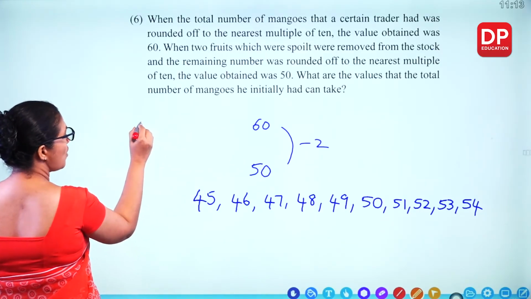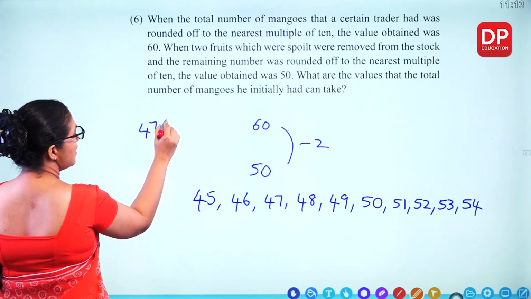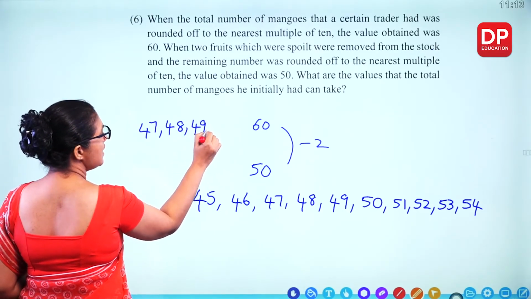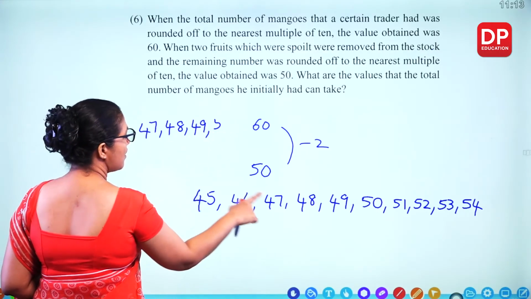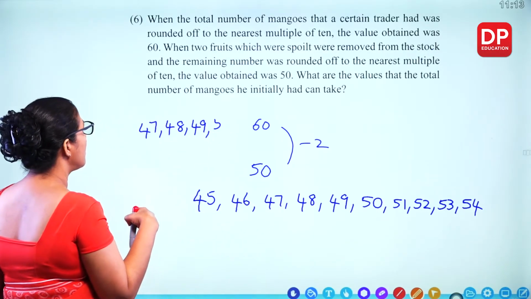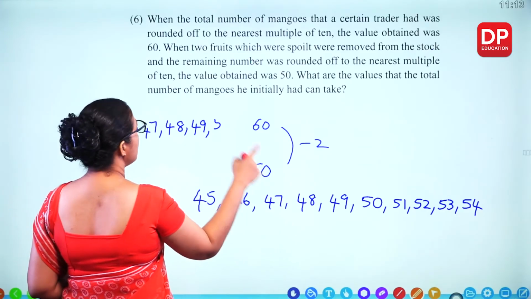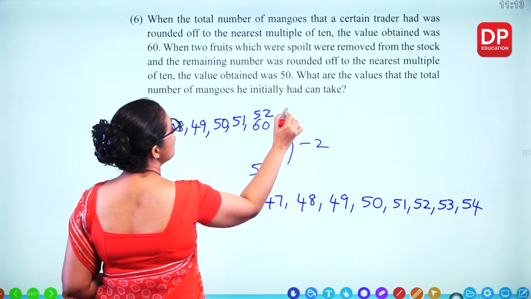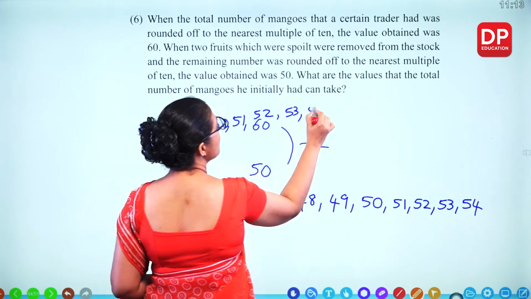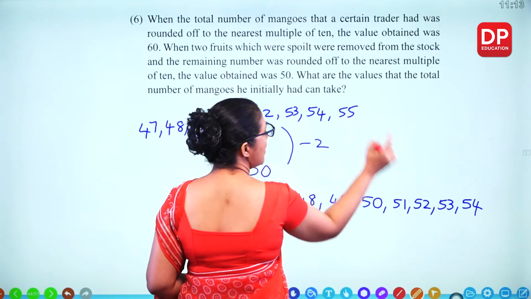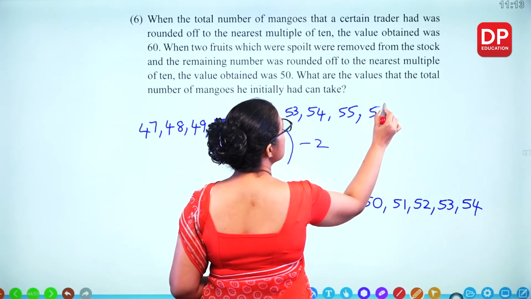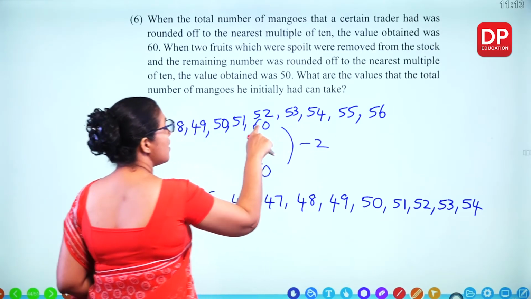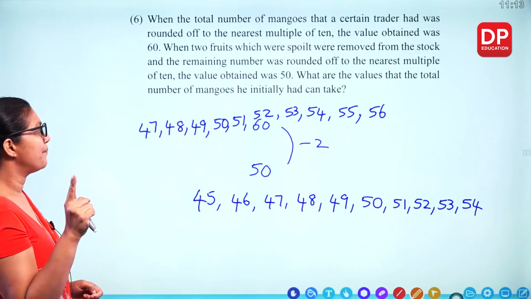What are the possibilities you are getting? 47, 48, 49, and 50, 51, 52, 53, 54, 55, and 56. Now, these numbers, rounded value is 60.